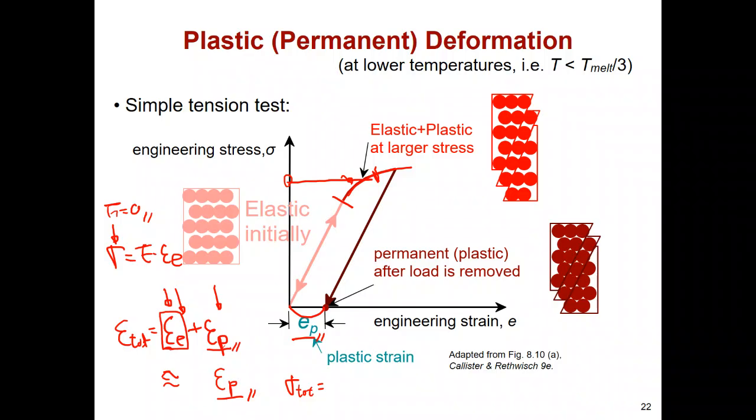Although the total strain is the simple summation of the elastic and plastic strain, the total stress is always the elastic stress only, not plastic. It is because plastic strain does not contribute to any stress increase.